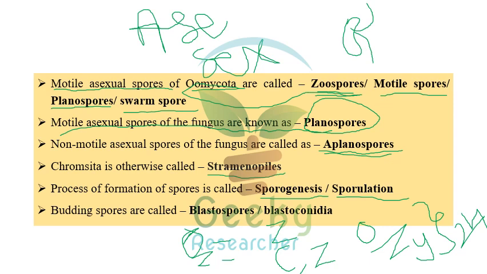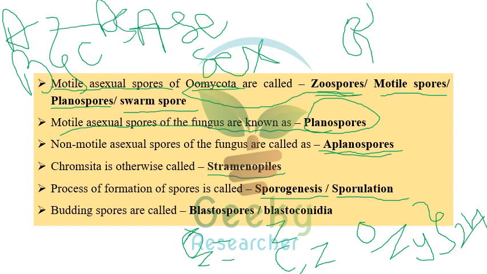So Oomycota and Zygomycota produce diploid resting sexual spores. When it comes to Ascomycota and Basidiomycota, they produce asexual spores as conidia. For sexual spores, Ascomycota produce ascospores and Basidiomycota produce basidiospores. These ascospores and basidiospores are haploid non-resting spores.